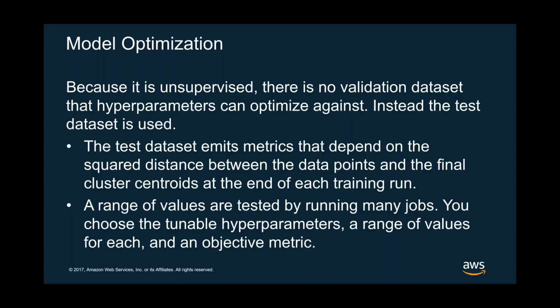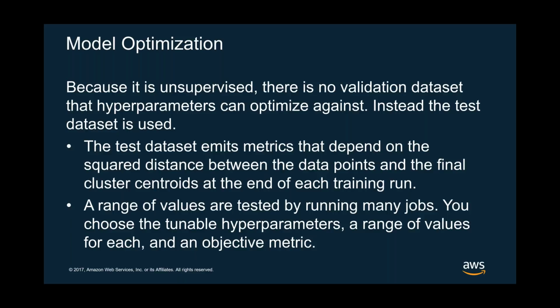So how do we do hyperparameter optimization? That's where the test data set comes in. The test data set will emit metrics that depend on the squared distance between data points and the final cluster centroids at the end of the training run.